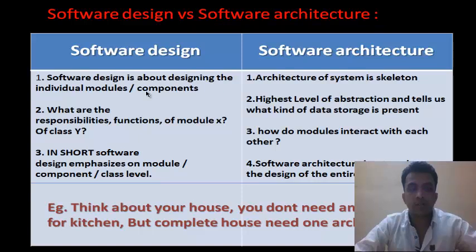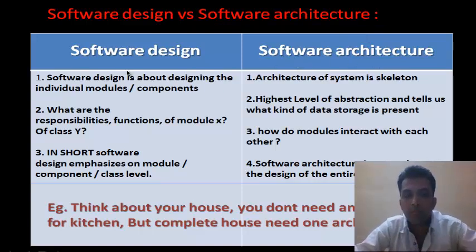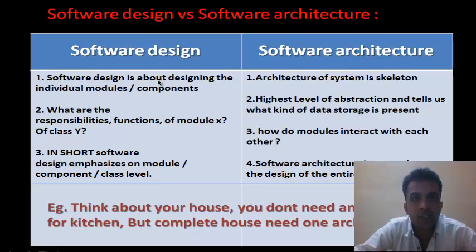Here is a difference. I told you that a very important difference is here, and before that I would like to say that this line is not exactly showing the difference with this line, because I have just mentioned here a point of software design, and this point is under software architecture. Here the first difference is that software design is about designing an individual module or component.